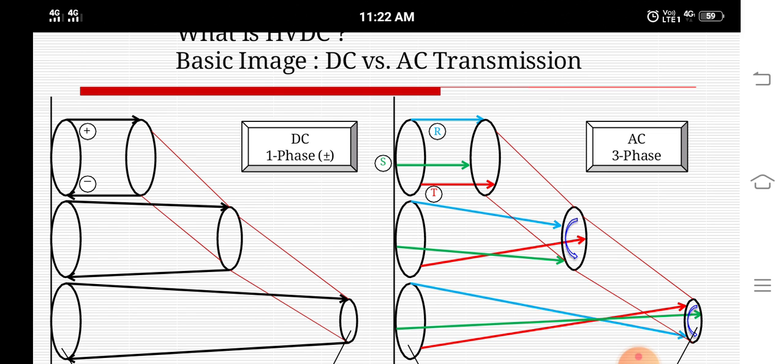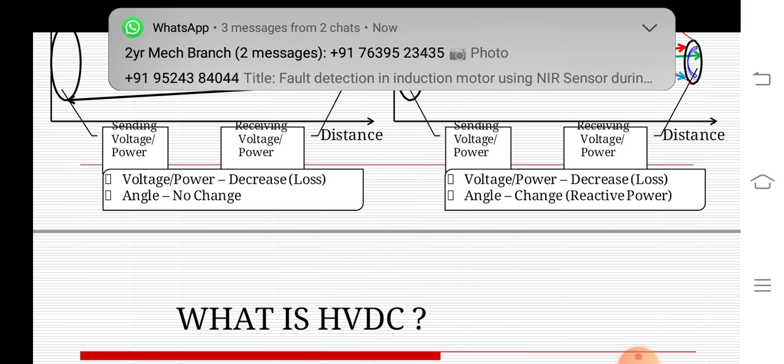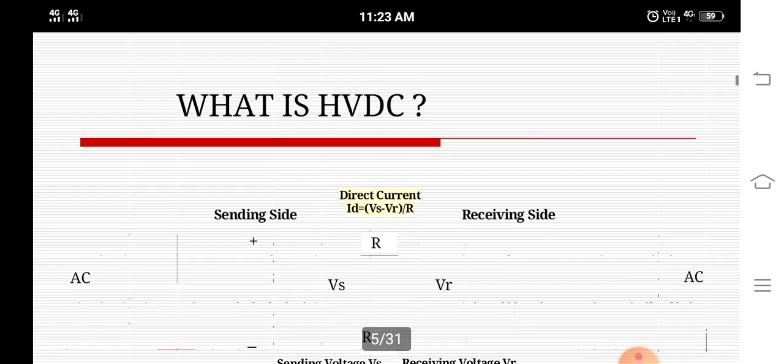Other than the factors that influence the line cost, there are the cost of compensation and terminal equipment. DC lines do not require compensation, but the terminal equipment costs are increased due to the presence of converters and filters.